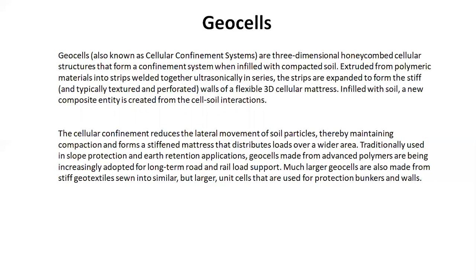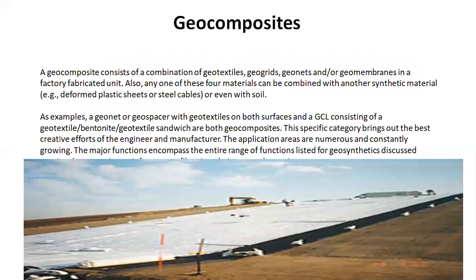Geocells made from advanced polymers are being increasingly adopted for long-term road and railroad support. Much larger geocells are also made from stiff geotextile sewn into similar but larger unit cells that are used for protection bunkers and walls.